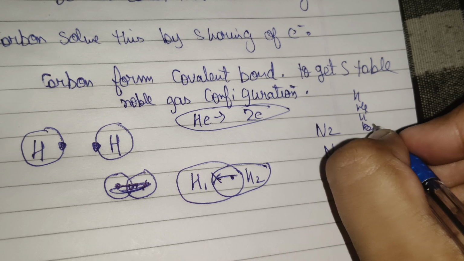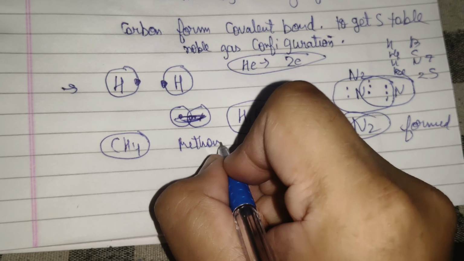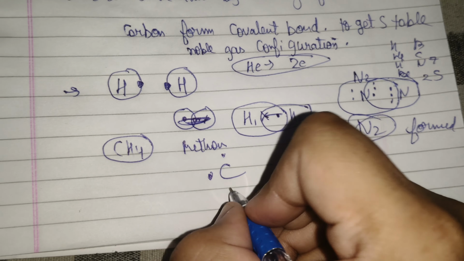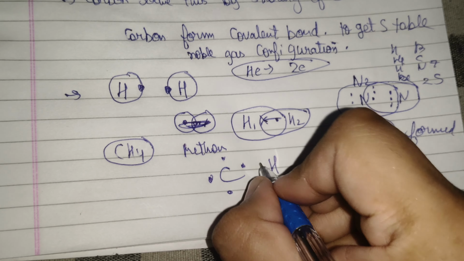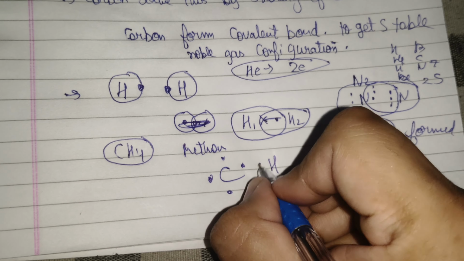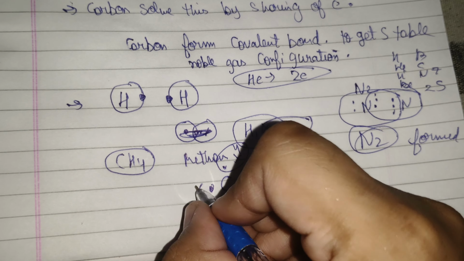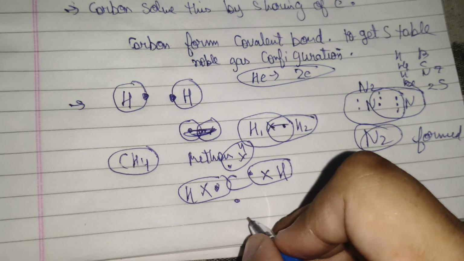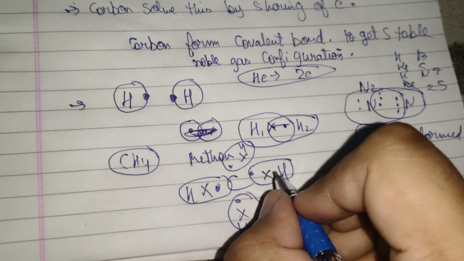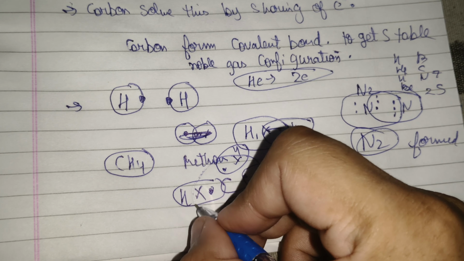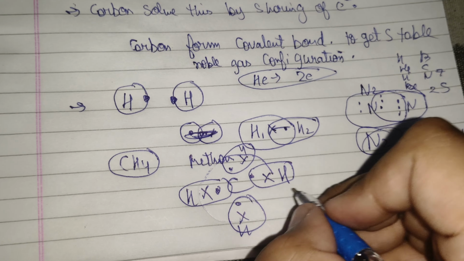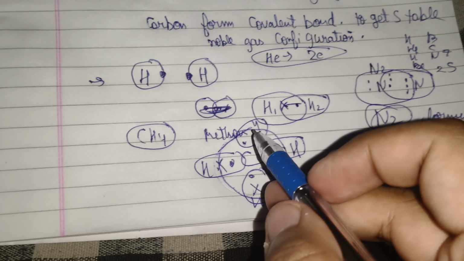The classical example we can take for carbon is CH4, that is methane. Carbon has four electrons in the outermost shell, and for hydrogen we represent the electrons with a cross.